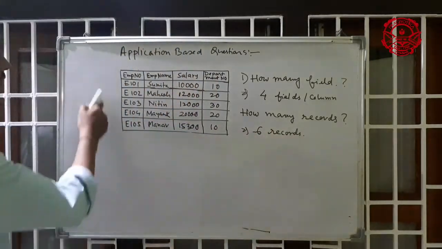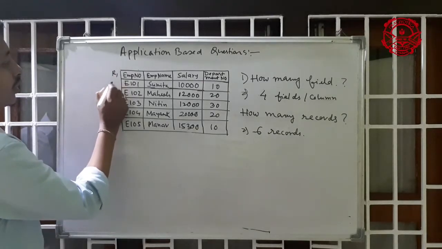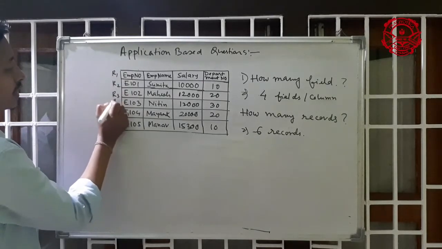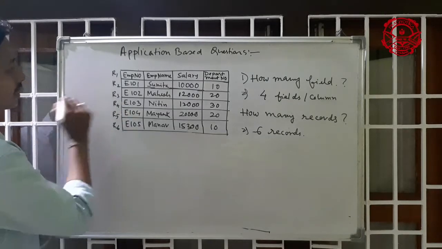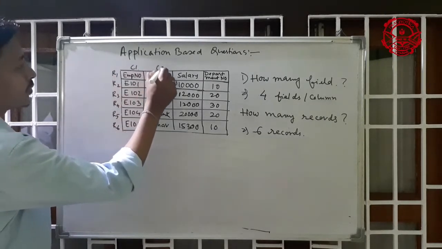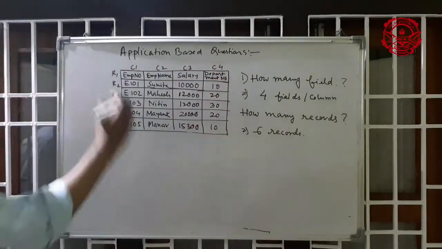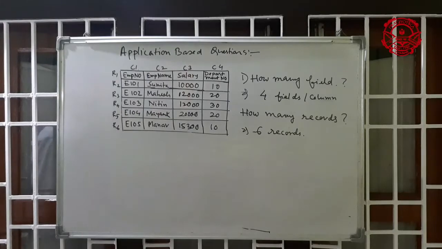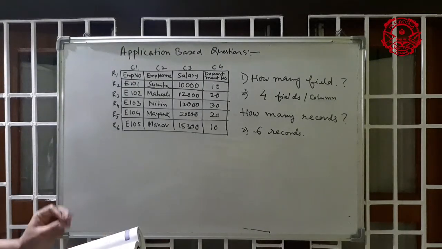This is also a record. This is row 1, row 2, row 3, row 4, row 5 and row 6. Column 1, column 2, column 3, column 4. Okay, understand? This is the answer. The first answer, how many fields? There are 4 fields. And how many records? There are 6 records present in this table.